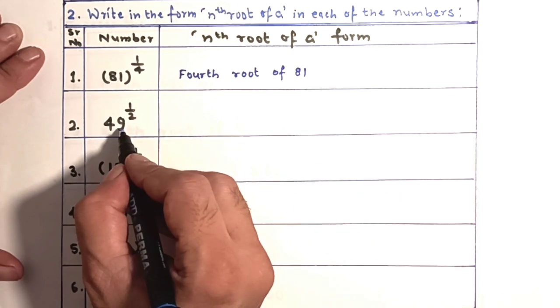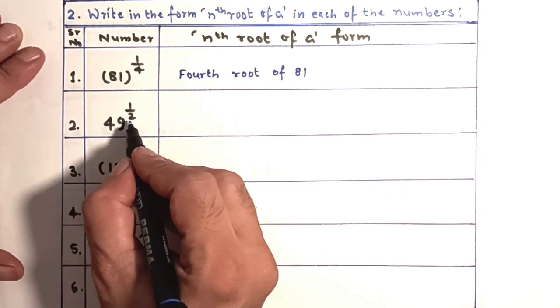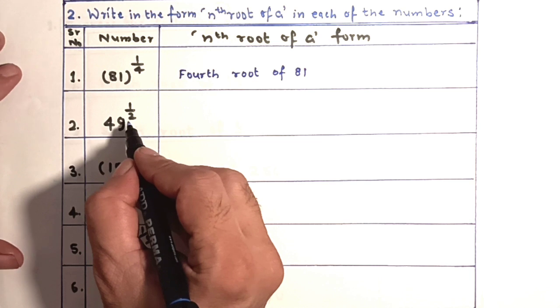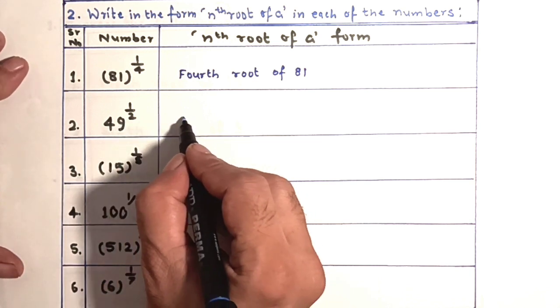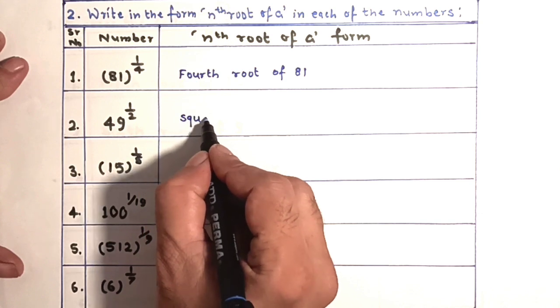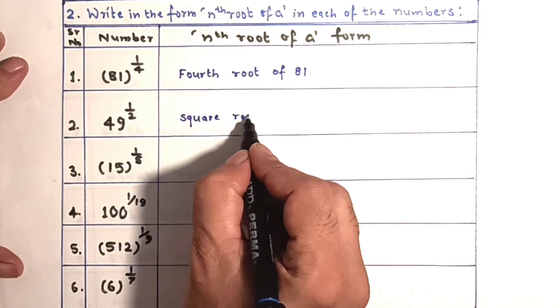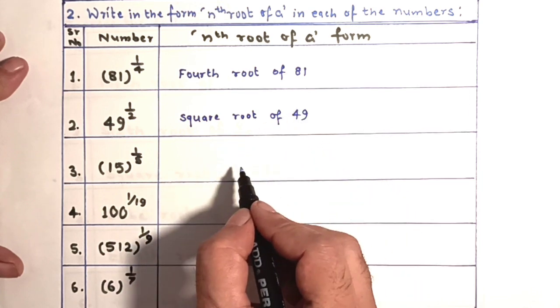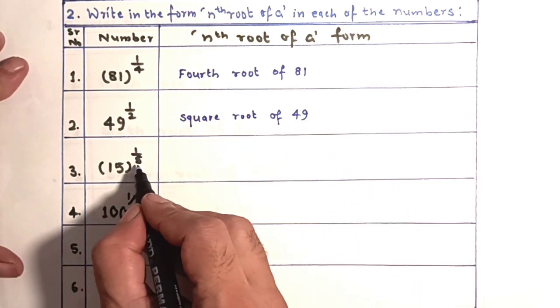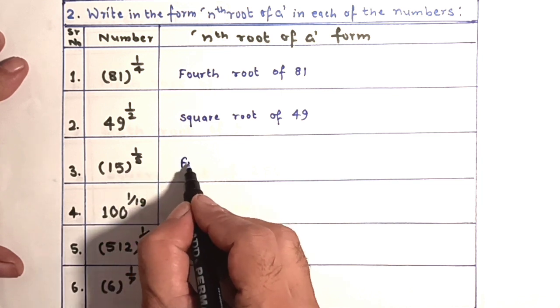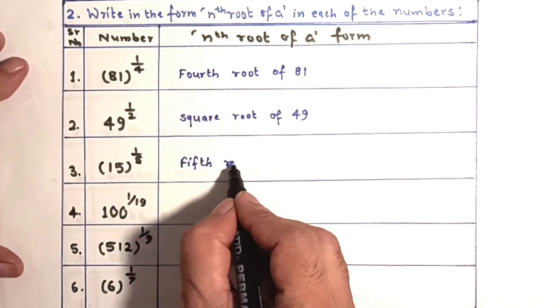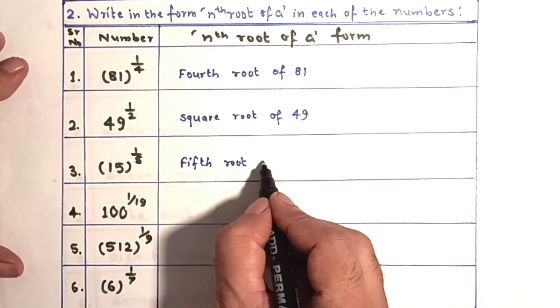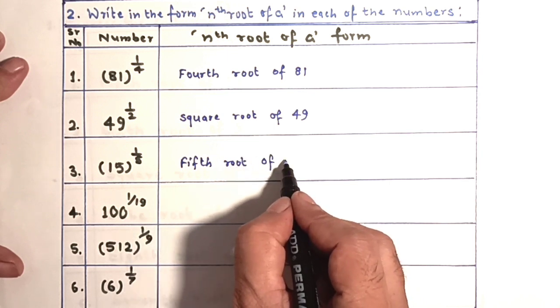Same way, it is 1 upon 2. Now you know that 1 upon 2 means square root. So your root will be square root of 49. 1 upon 5. 1 upon 5 means 5th root. So write your 5th root of 15.